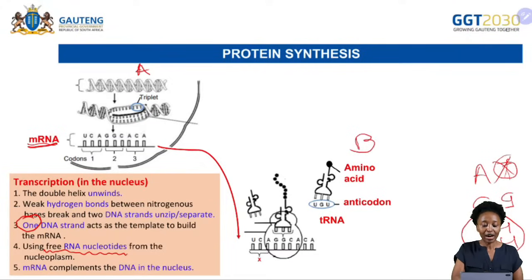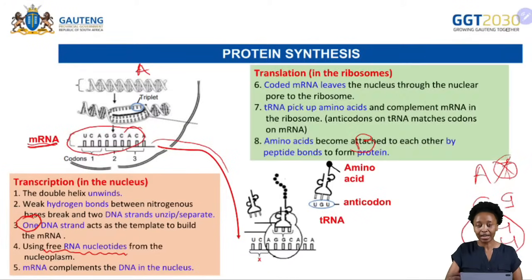Then after the mRNA has been formed, it's going to leave the nucleus and go to the ribosomes, where the second part of the process is going to take place, and this is now called translation, and it takes place in the ribosomes.